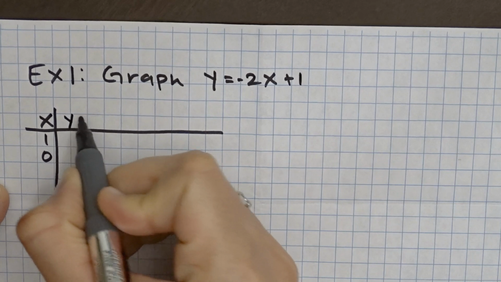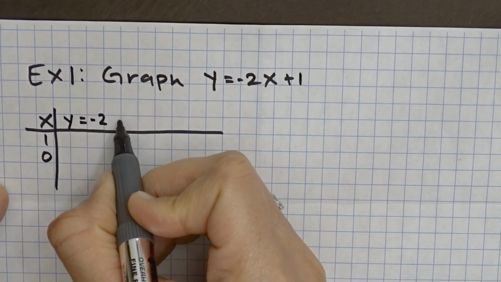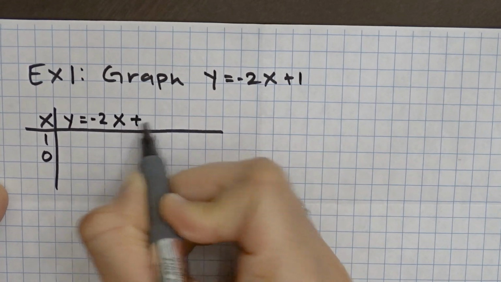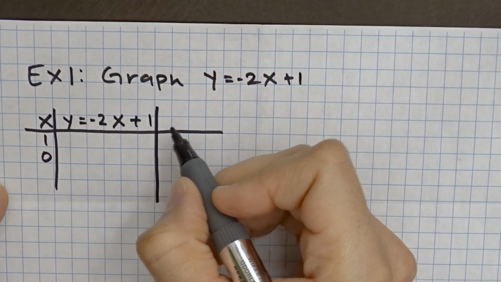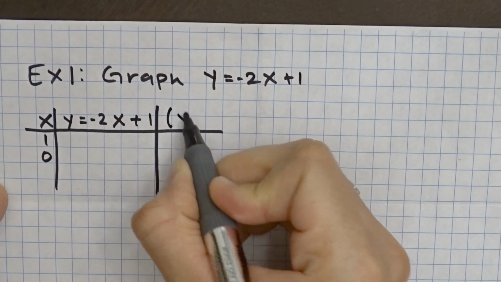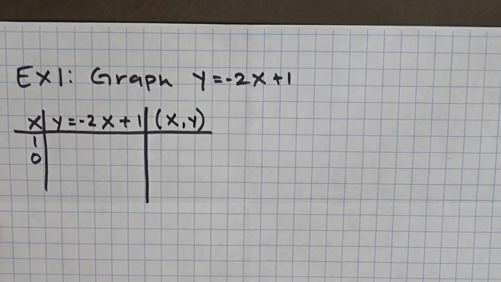So let's see, y equals negative 2x plus 1. And then I'm going to get my x, y. My goal is to get 2 coordinates and connect them.